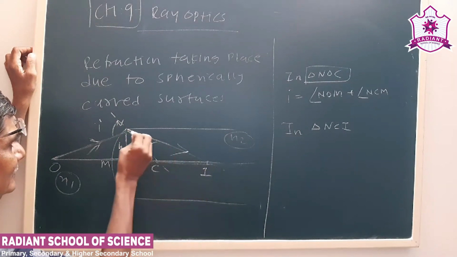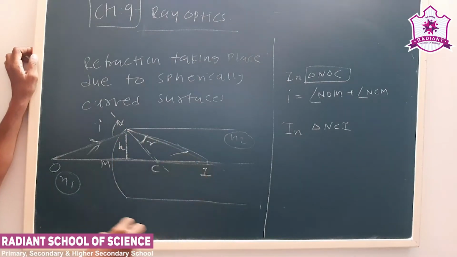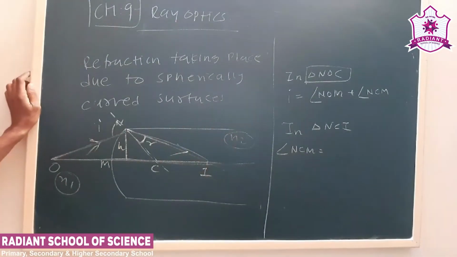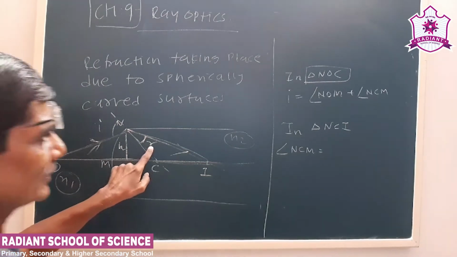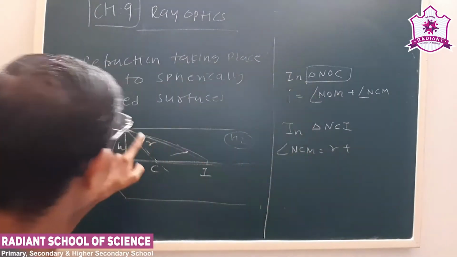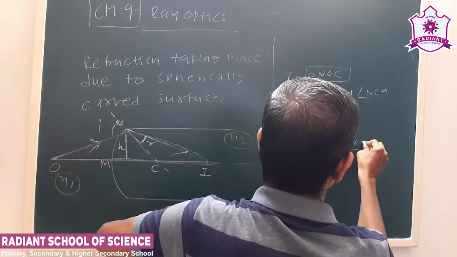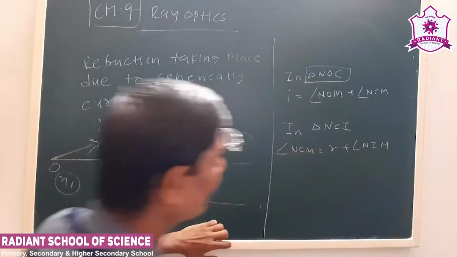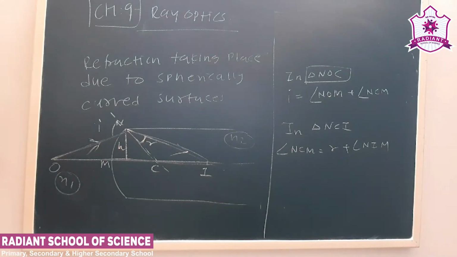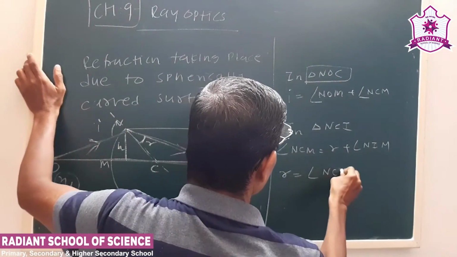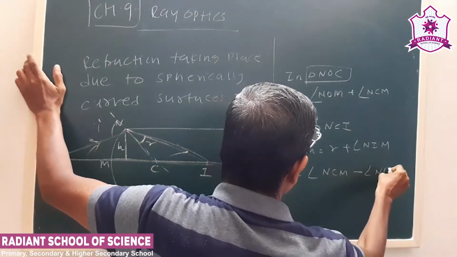So angle NCM is r plus angle NIC or NIM, which are the same. So r is equal to angle NCM minus angle NIM.